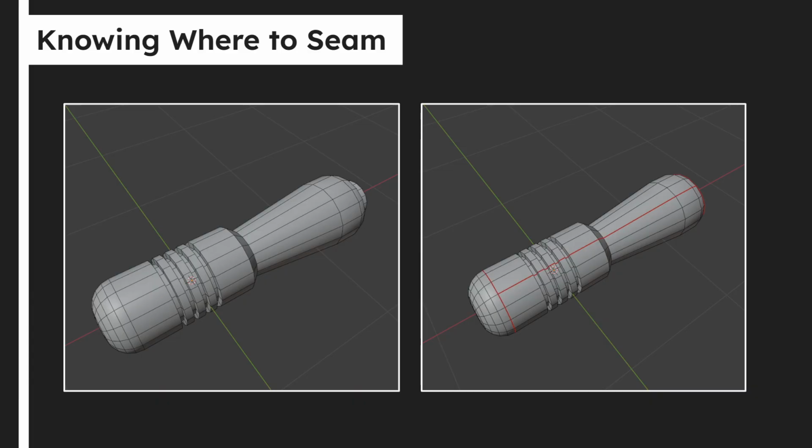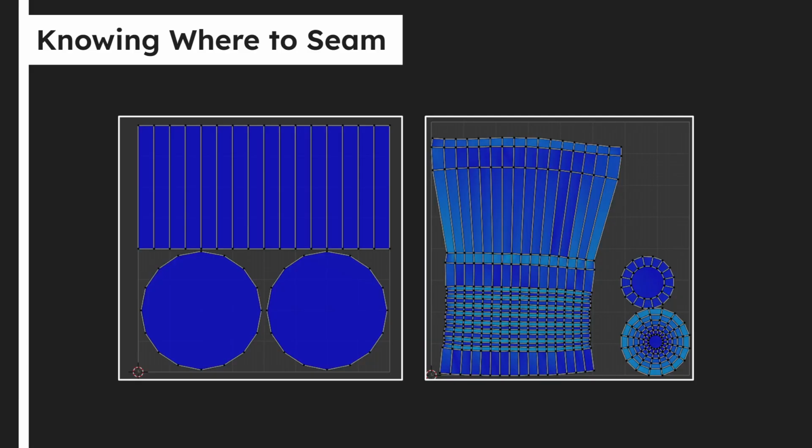And then we know we need one down the middle to unwrap that middle section flat. We end up with a very similar looking setup where we've got top cap, end cap, middle. It's more complicated, but it's still just a cylinder. It still gets unwrapped like a cylinder. Yes, we do have some stretching and things like that, but I'm going to show you how to fix that later.